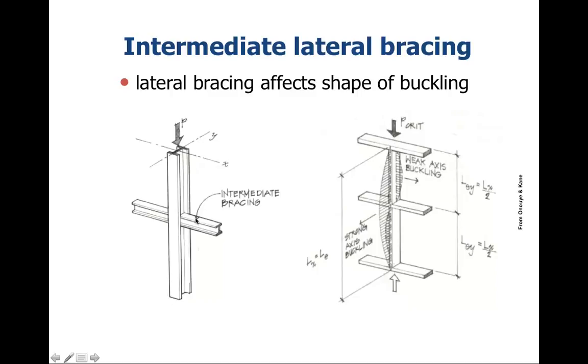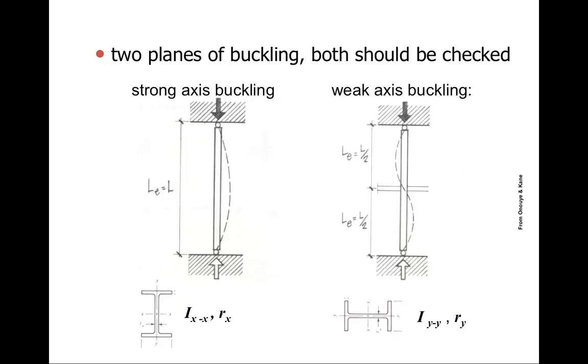If we brace it here, we've basically shortened the distance where buckling can occur. So now we have this distance, but not the overall distance. Therefore we've effectively shortened the length of the column with respect to its buckling response.